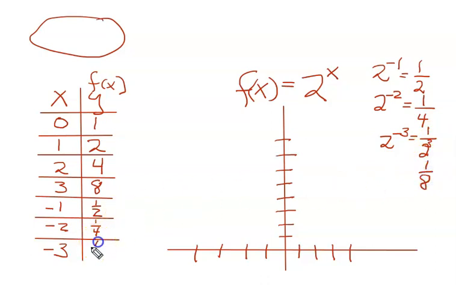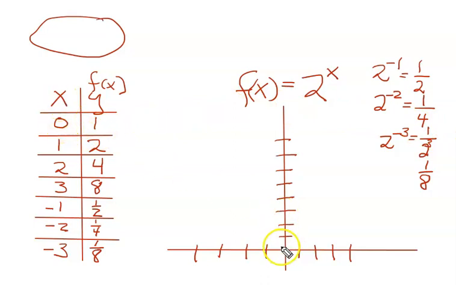Now, I don't know if you're picking up on this, but if you have a value to a whole number, then when it's a negative exponent, it just becomes the reciprocal of this. So now let's do the plotting.